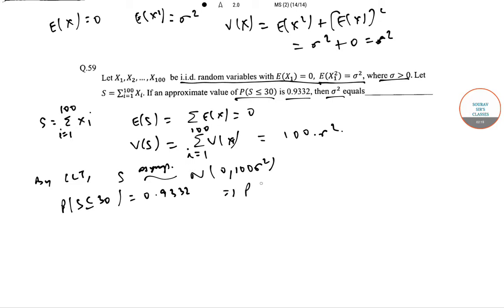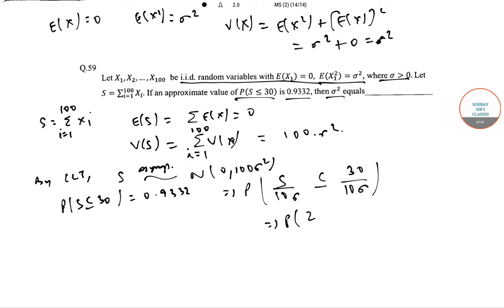That is probability S by 10 sigma less than or equal to 30 by 10 sigma. So this becomes Z, that is a standard normal variable.